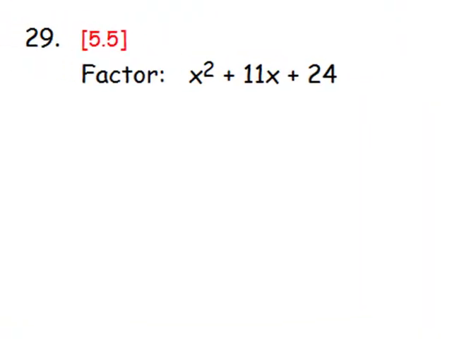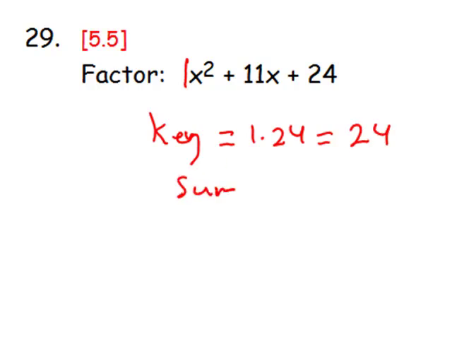In section 5.5, where number 29 and 30 come from, we must recognize a coefficient of x squared of 1. And that means that our key number is 1 times 24, which is 24. The sum number is 11, but this is a one-step factoring.